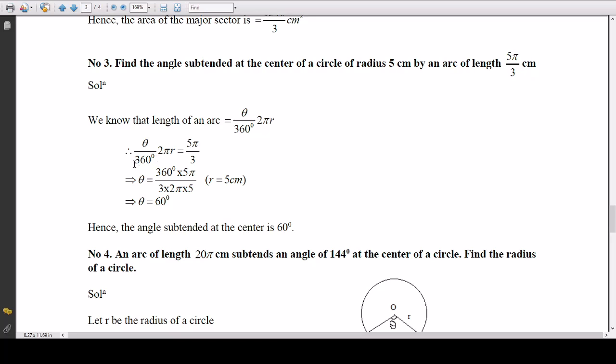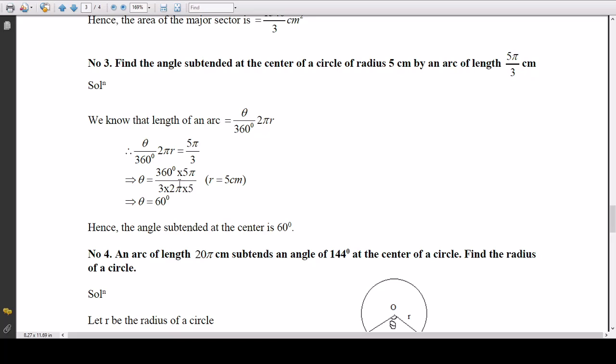Therefore you cross multiply all of these terms to the right side, keeping only theta on the left. On the numerator you have 5 pi multiplied with 360. On the denominator you have 2 pi r multiplied with 3. Now cancelling pi with pi, then r, which is the radius of the circle, is 5 centimeter.